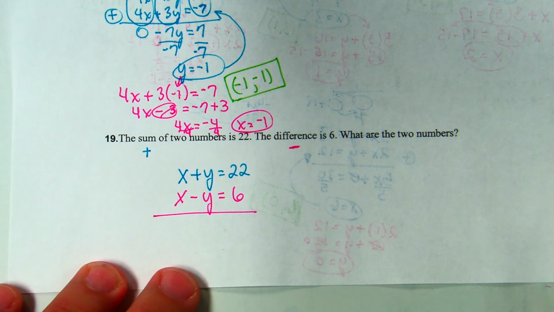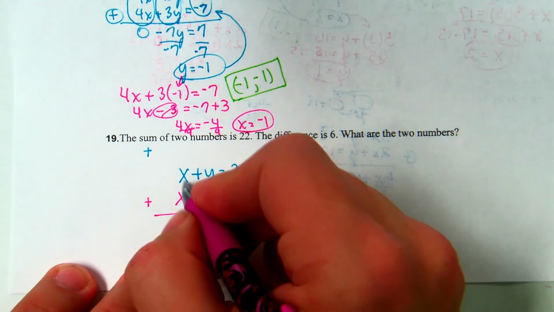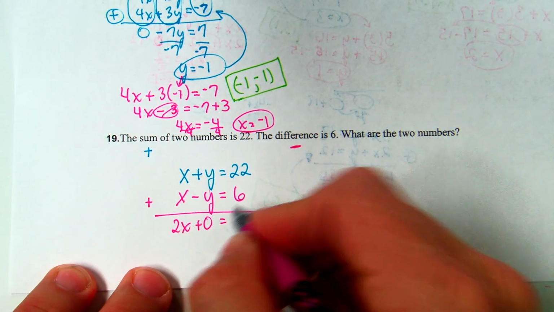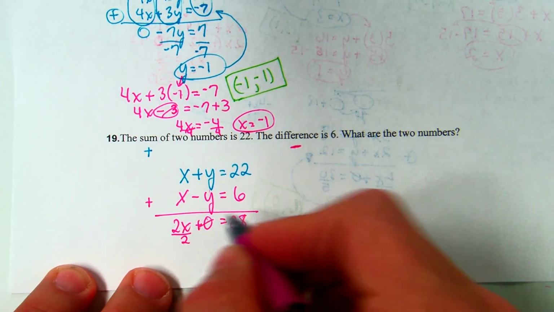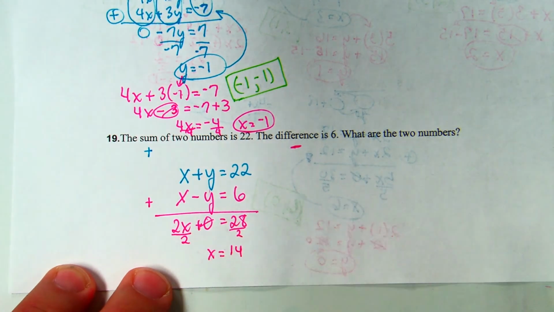So let's just add these together. I'm going to end up with 2x. This one becomes 0 equals 28. I'll divide by 2, and x is going to equal 14.